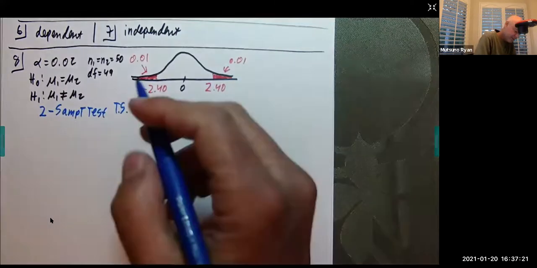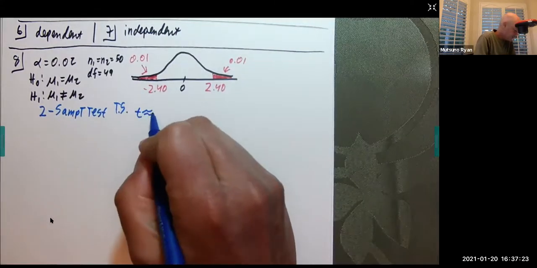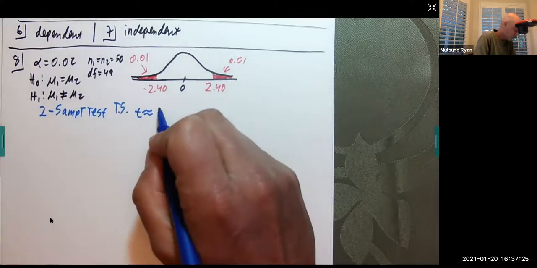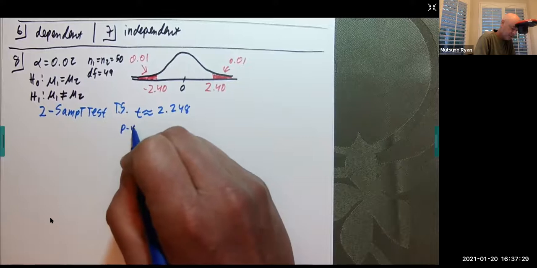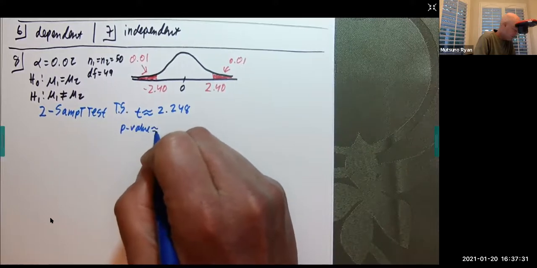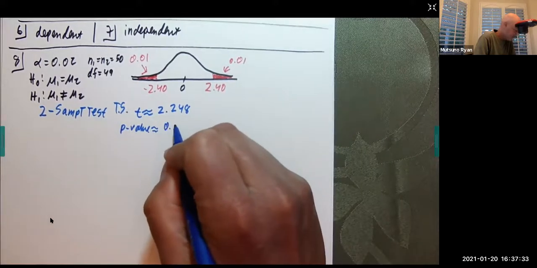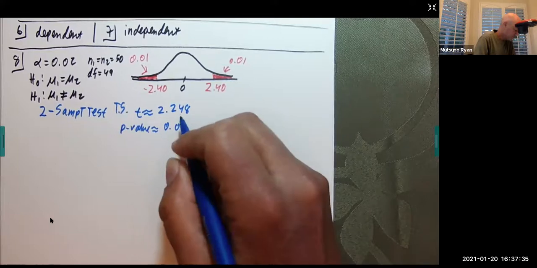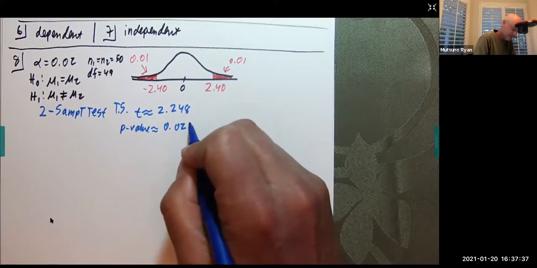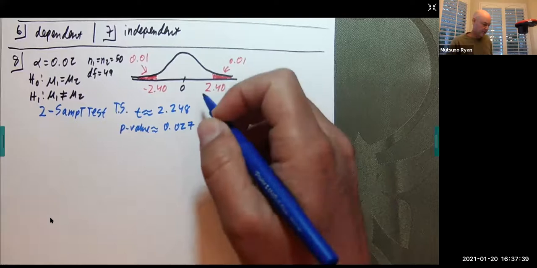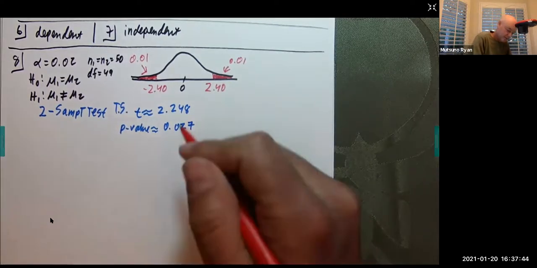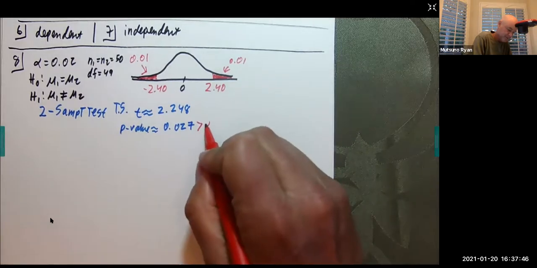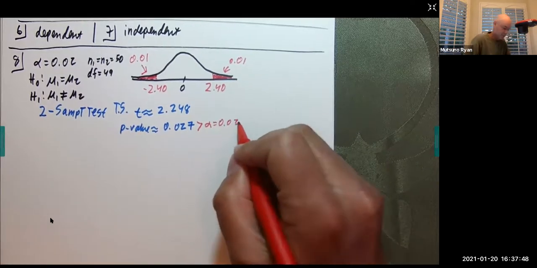So it looks like T is at 2.248, and our p-value is 0.027, we'll say. Now that is larger than my alpha, which is 0.02.